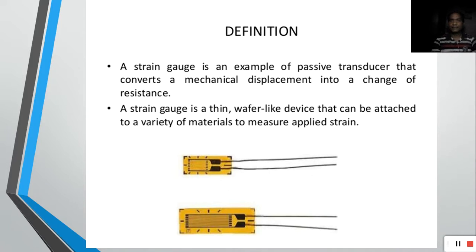A strain gauge is a thin wafer-like device that can be attached to a variety of materials to measure applied strain. Here also a resistance which has multiple wires is there.